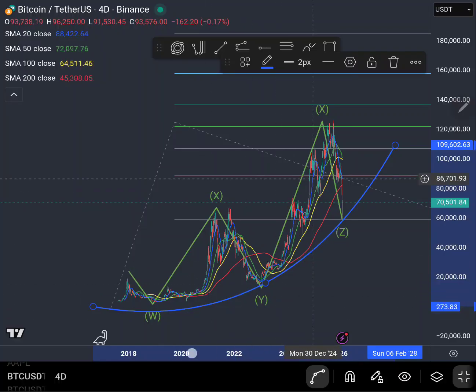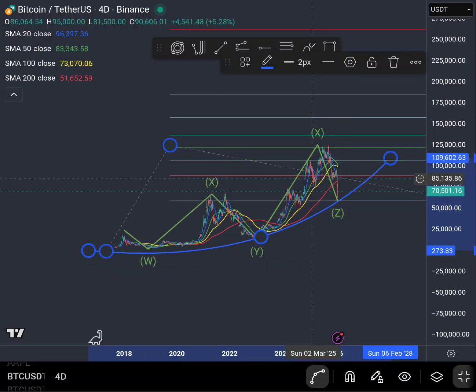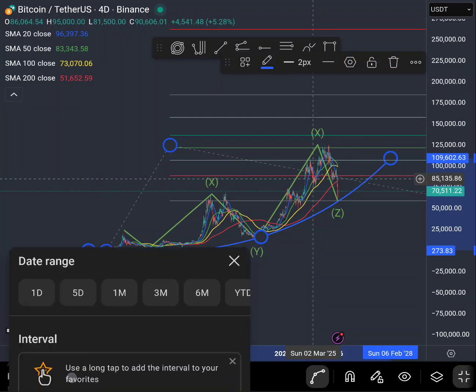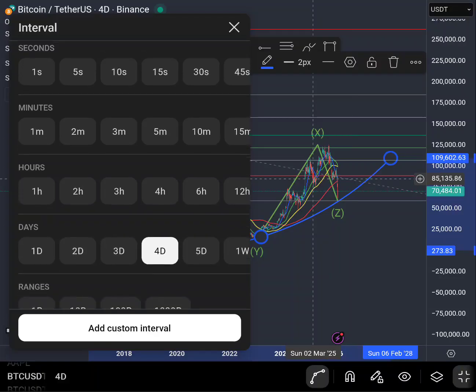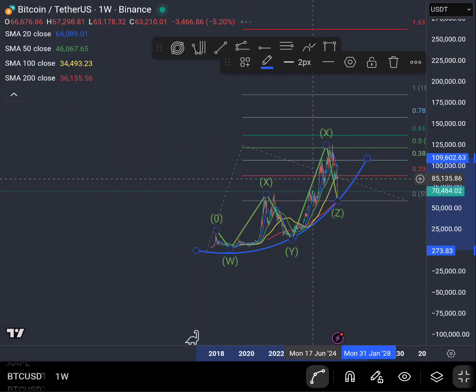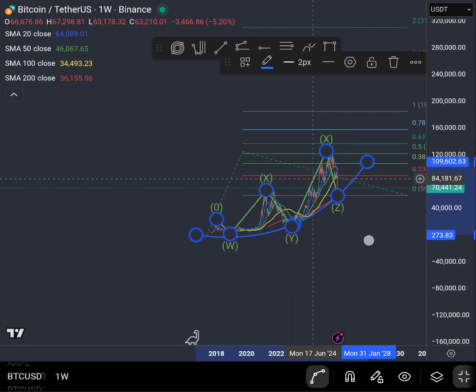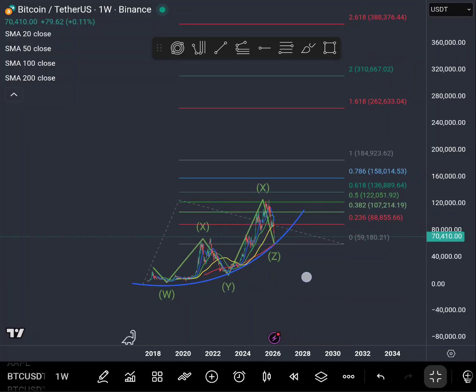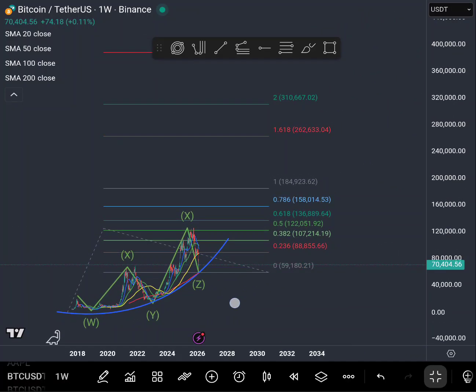So, let me do a drawing. I'm probably going to need to change my time frame here. Stick it to 1 week. That'll do. So, obviously there's this curve. Let me try to fit this on the screen.